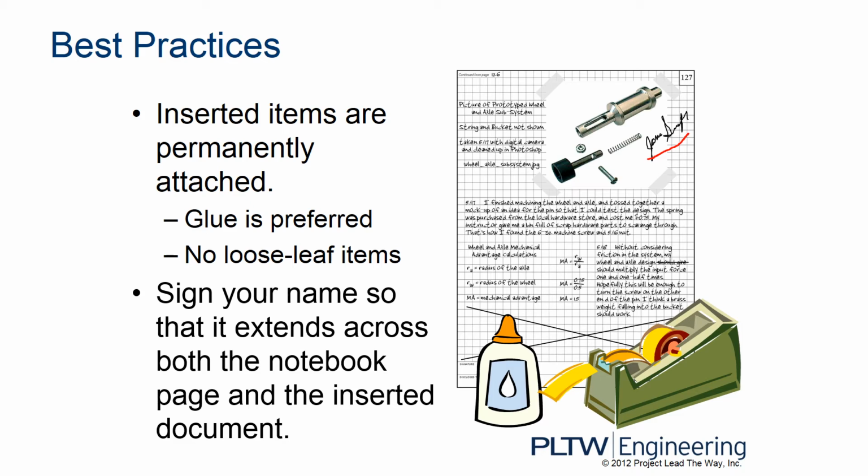That way, if that photo is ever removed, you'll see half a signature, and that will tell the legal authorities or anybody looking at your notebook that something is missing. Okay? It is very, very, very important that you have no loose items in your notebook. Everything should be firmly and permanently attached to the notebook.